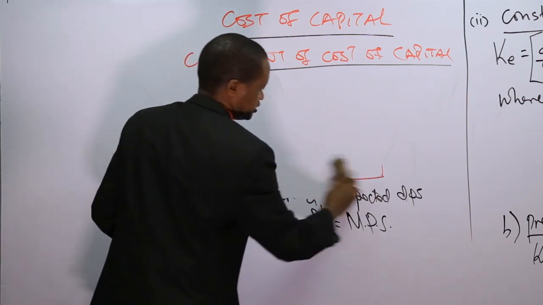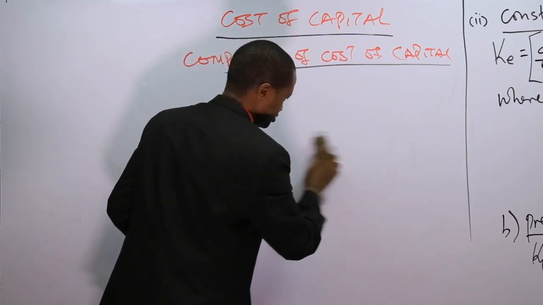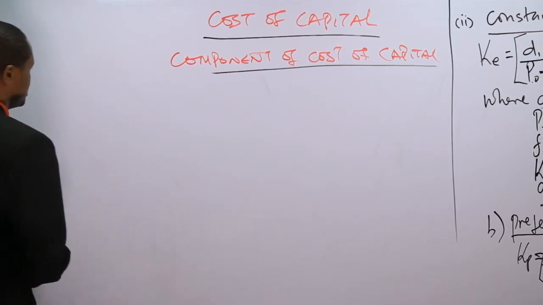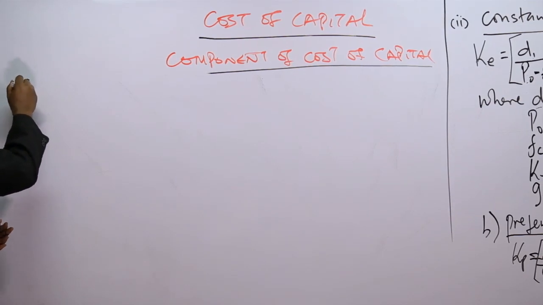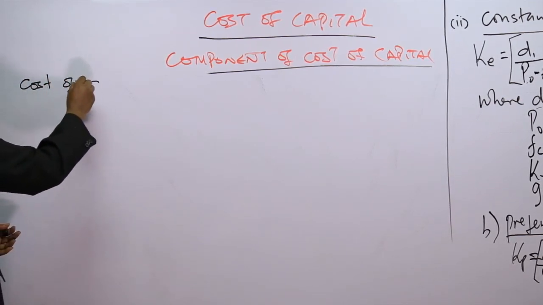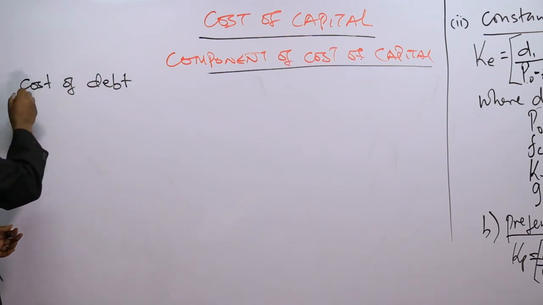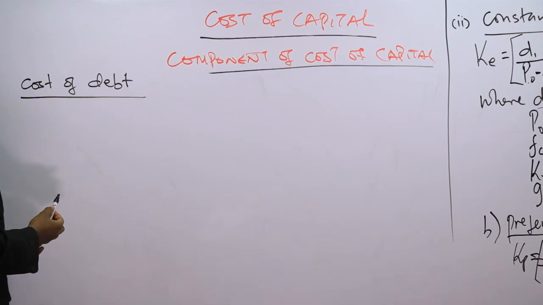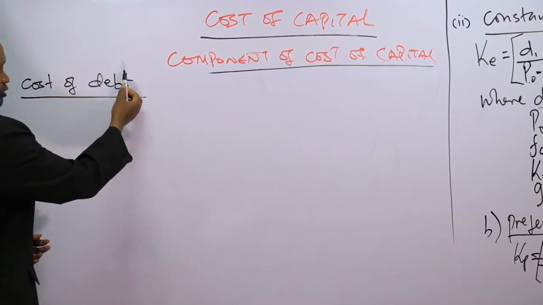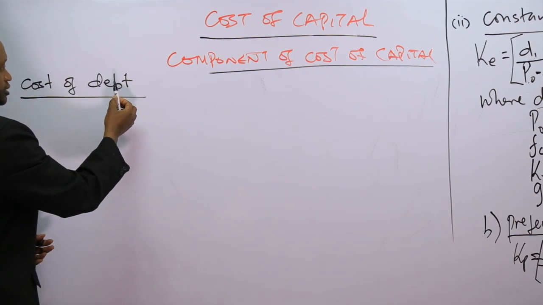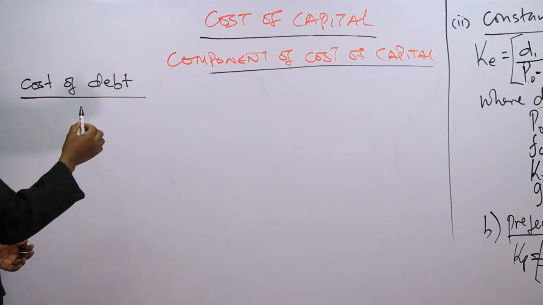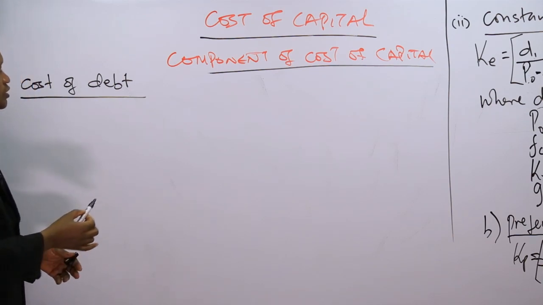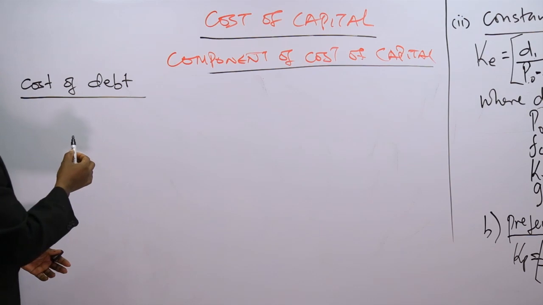Remember we said debt represents money brought in by parties other than the owners. Now, to repeat, debt will include long-term loans or stock or debentures or bonds.